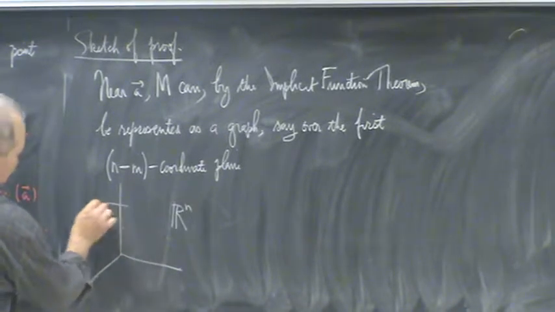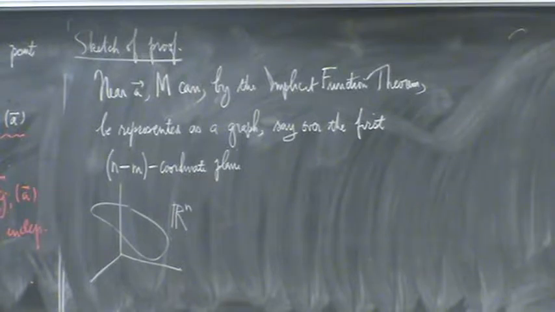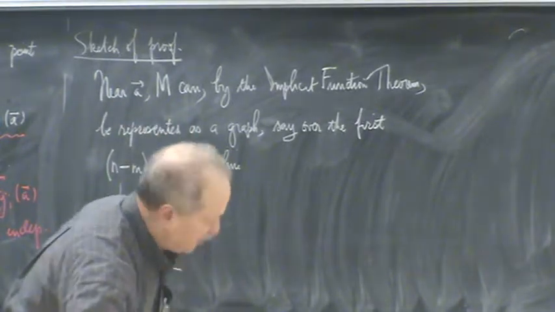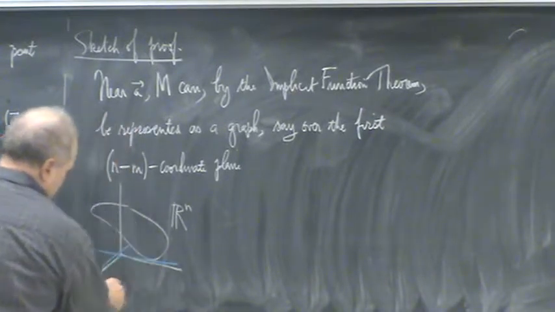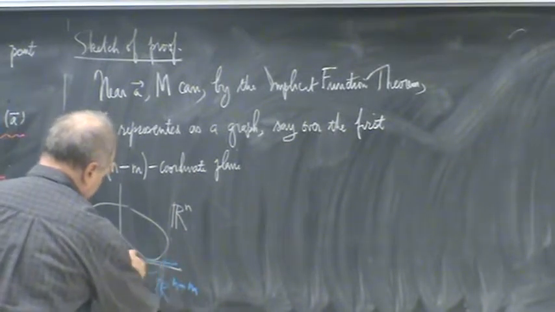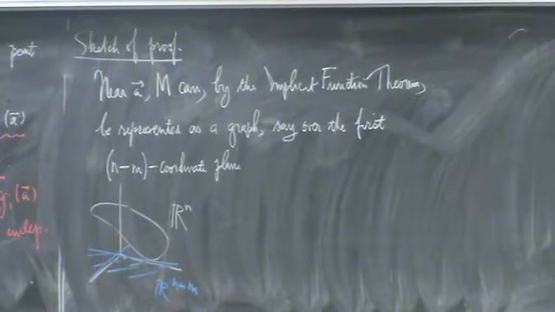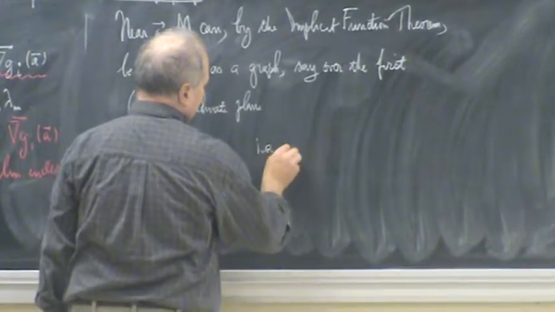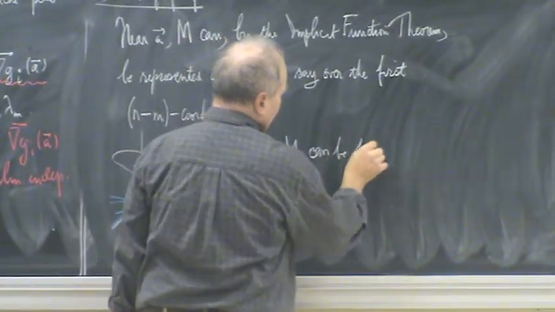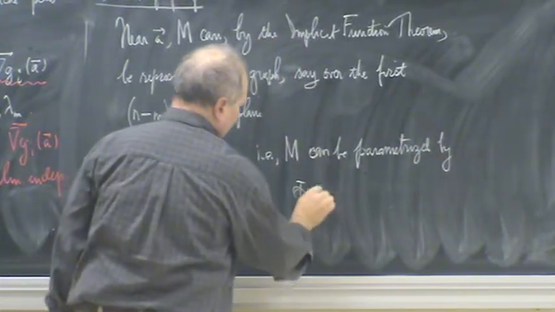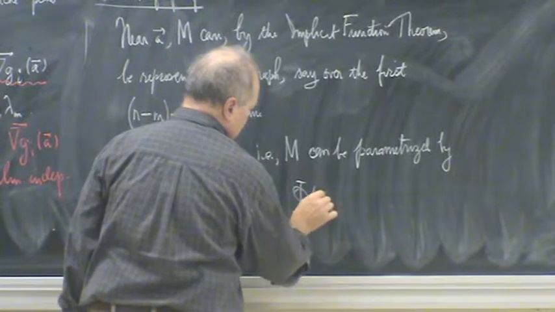This constraint set looks like some sort of n minus m dimensional thingy that I'm going to assume can be represented as a graph over the n minus m dimensional first coordinates here. So let's not use x, let's say u.